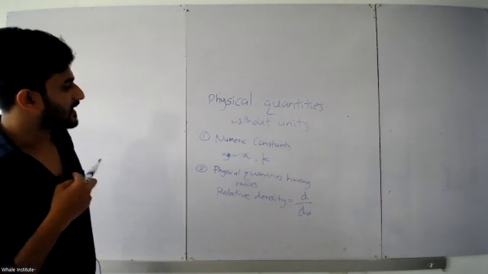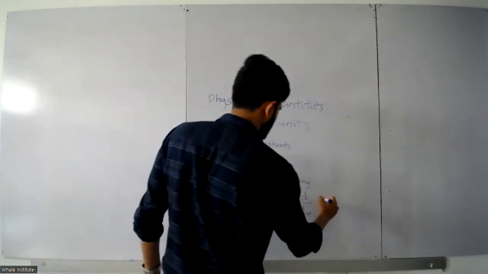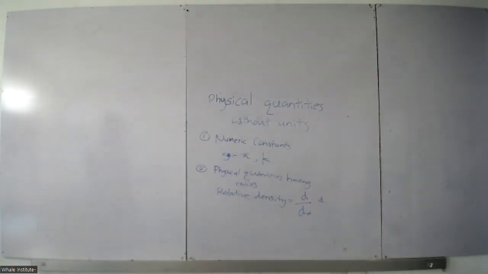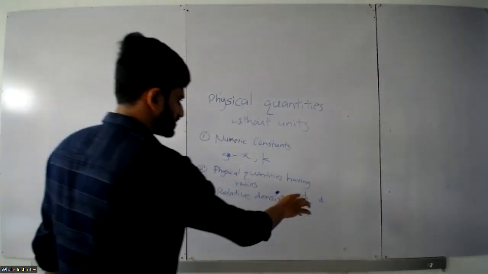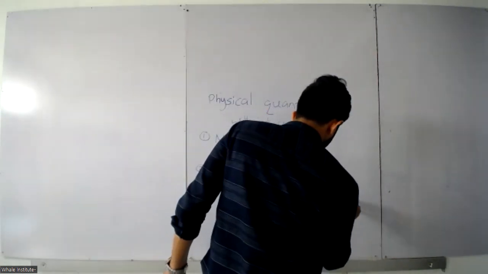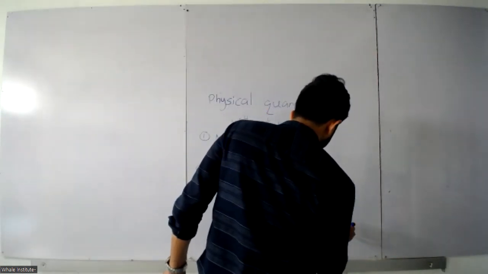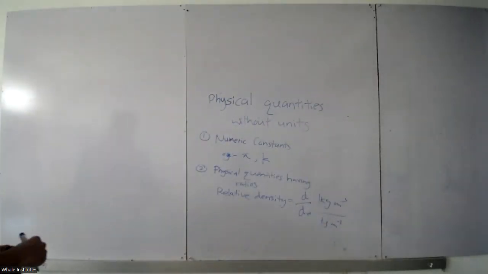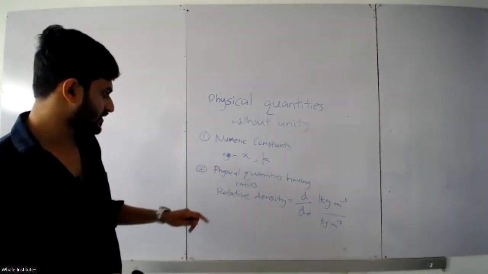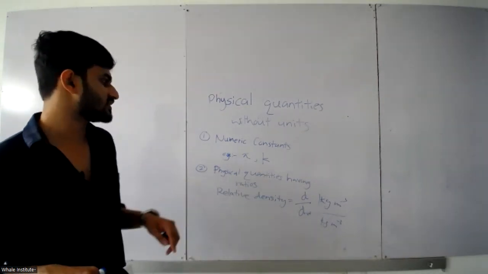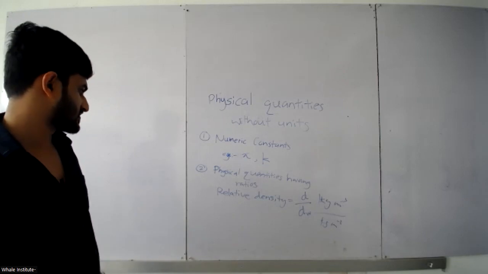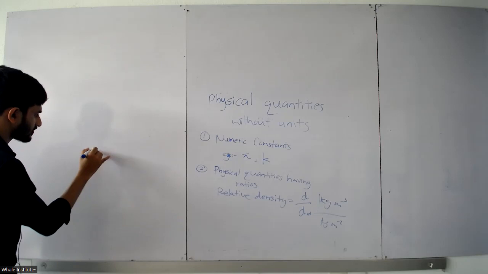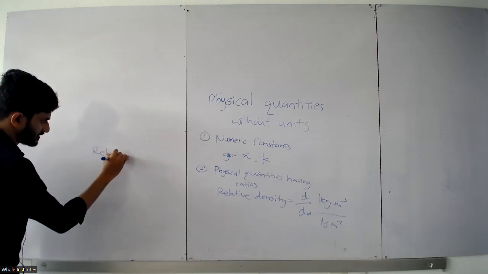You should know that all the relative quantities don't have units, but you have to mention one exception, and that's relative velocity.